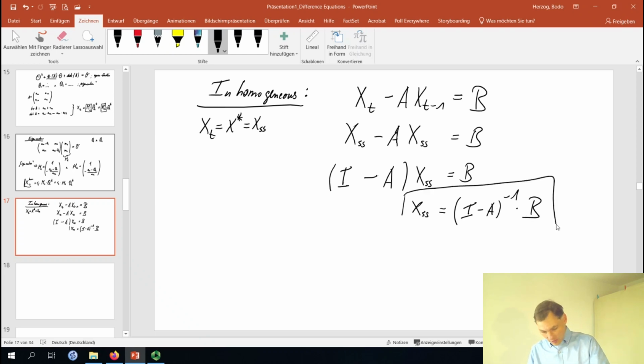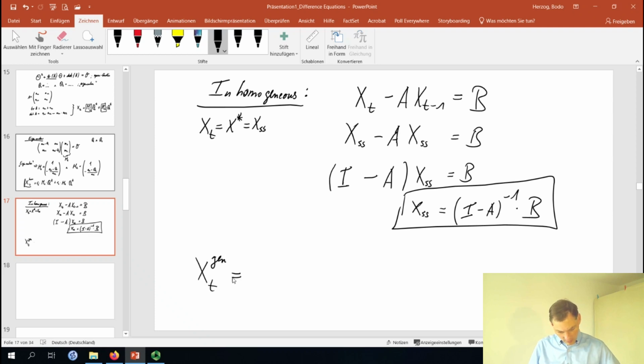That gives me the inhomogeneous one, so that we can say the general solution of this problem of a system of first order difference equations is the homogeneous one, which is, as we said, the constant c1 times eigenvector 1 times theta 1 to the power of t, plus constant c2 times eigenvector 2 times theta 2 to the power of t.